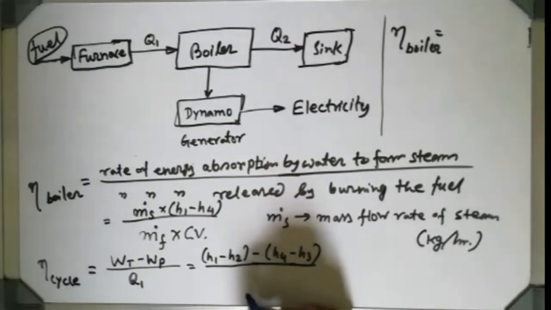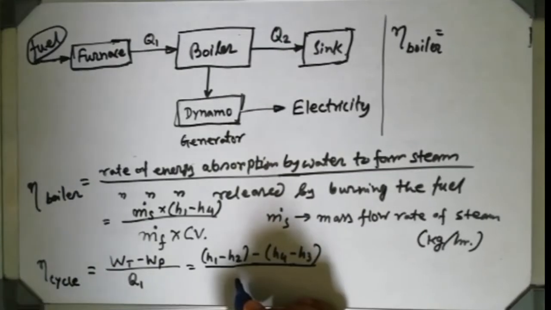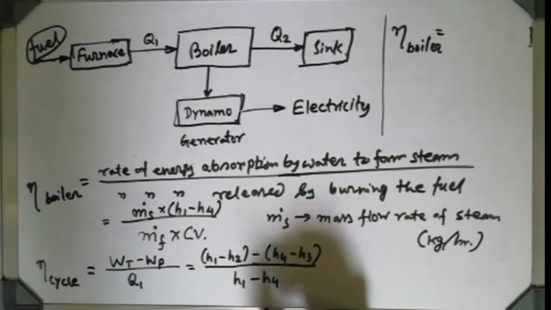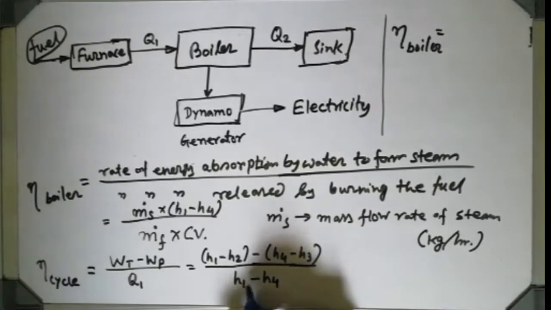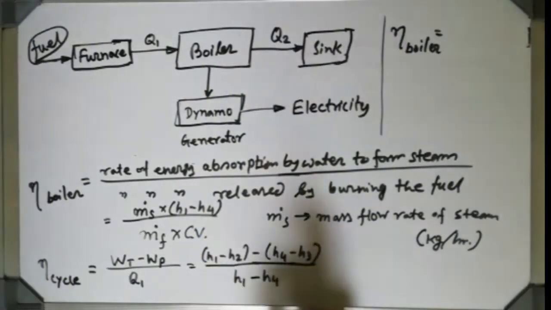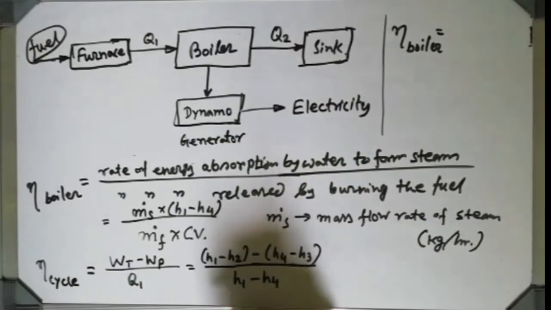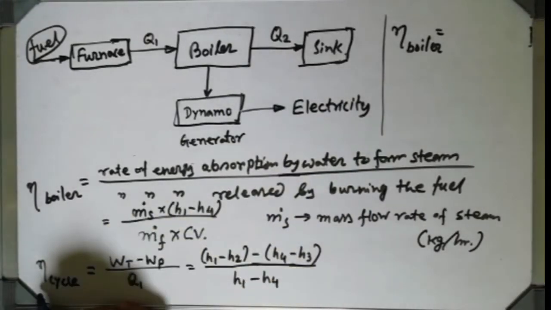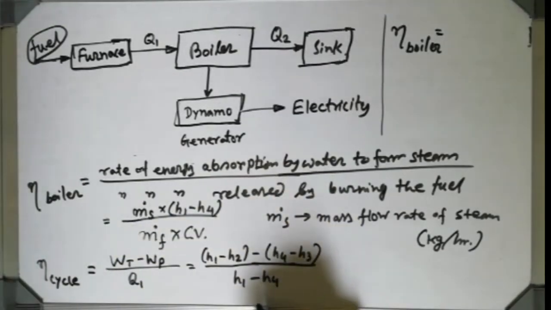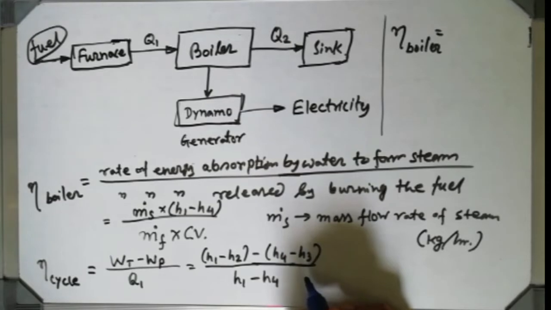So that is nothing but H1 minus H4. In terms of enthalpy, that is the total amount of heat supplied to the boiler. So if you use these enthalpy values, from there you can get the values of eta cycle. I am again repeating, all those enthalpy values can easily be found from the steam table.